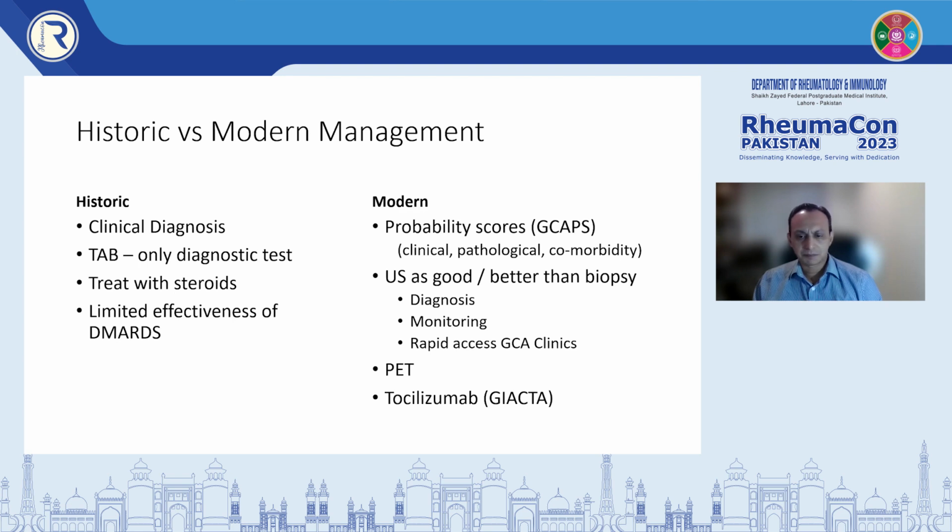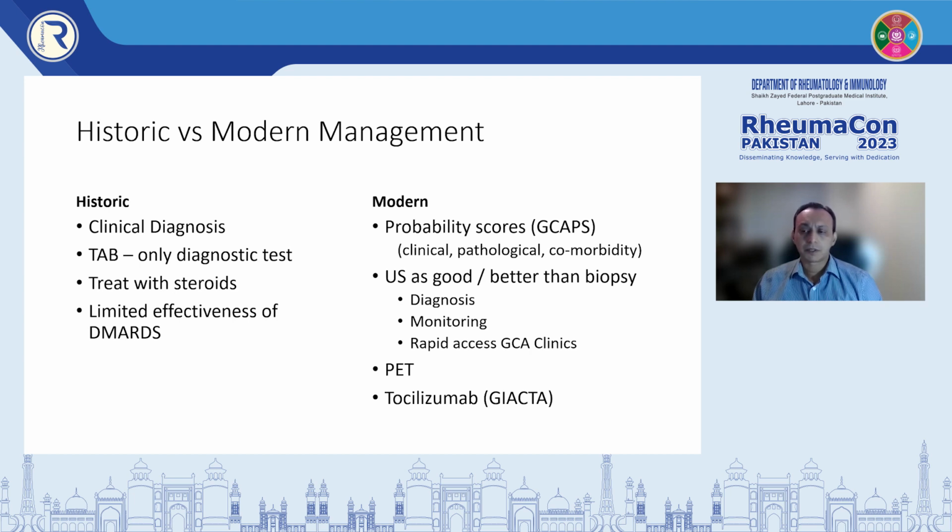In the past, the mainstay of treatment in giant cell arteritis has been with steroids, and DMARDs have been used in the past with limited effectiveness. The modern treatment has changed hugely.